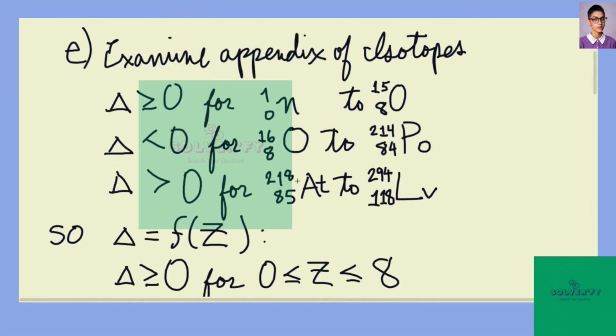So examining Appendix B more closely, the appendix of isotopes, you can see that our mass excesses are going to be 0 or positive from neutrons to oxygen-15. The mass excess is going to be negative for oxygen-16 to polonium-214.